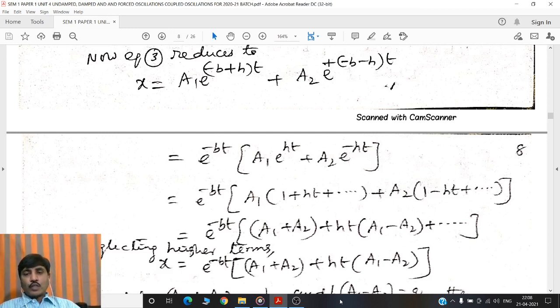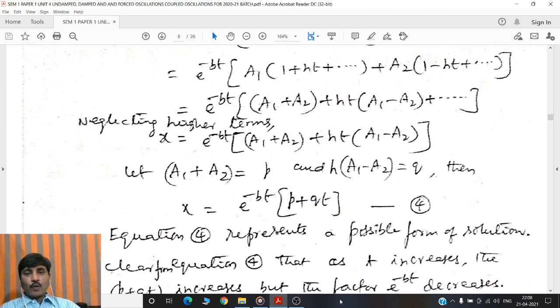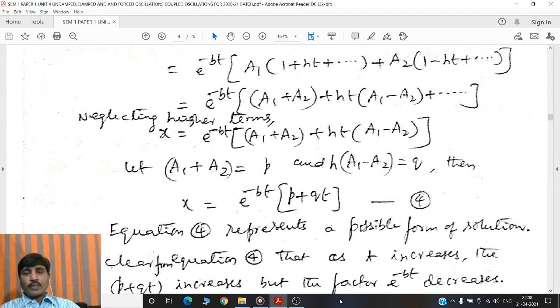The exponential terms can be expanded as x is equal to e power minus bt into a1 into 1 plus ht plus and so on, plus a2 into 1 minus ht plus and so on. That is equal to e power minus bt into a1 plus a2 plus ht into a1 minus a2 plus and so on. Neglecting higher terms, we get x is equal to e to the power of minus bt into a1 plus a2 plus ht into a1 minus a2.